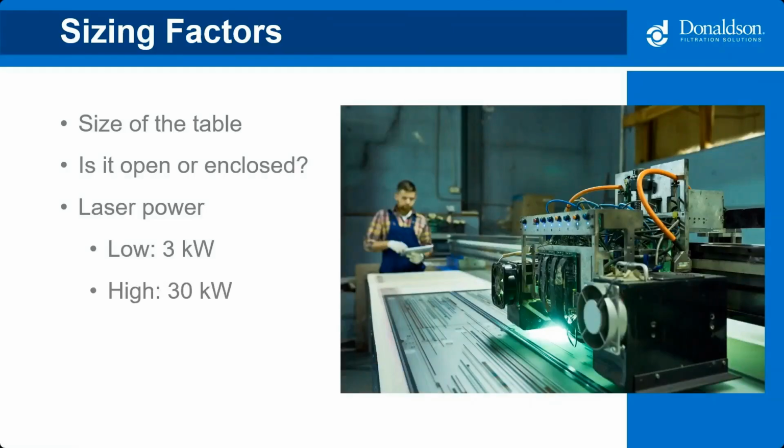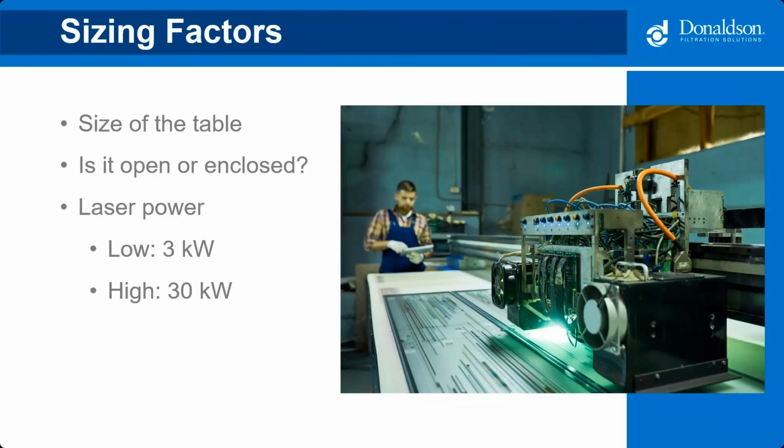All right, so when we're talking about laser table applications and sizing, you saw the picture earlier where there was an open table and then an enclosed table. So when we're looking at the tables, the hood itself is incorporated into the table. So essentially air is pulled down through the table as a downdraft and into the duct system inside the laser.